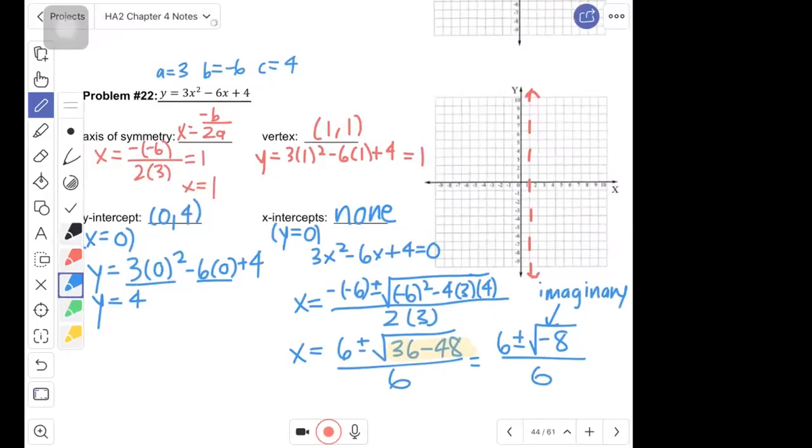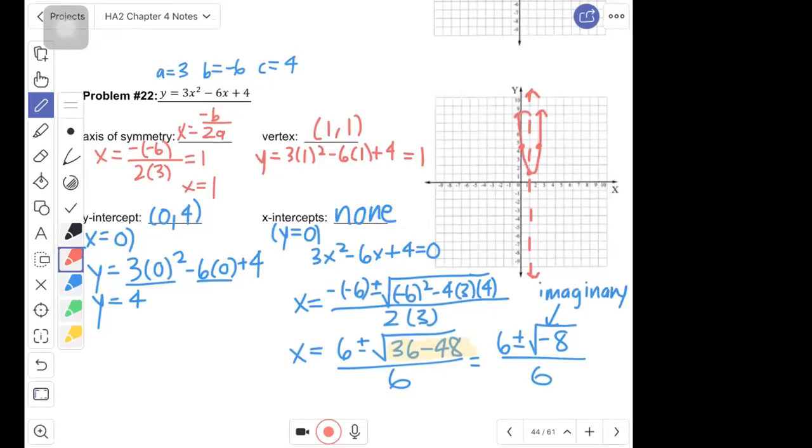Okay, so we have our points, and let's plot them. We have (1, 1) and (0, 4). By using the axis of symmetry, I can plot the point (2, 4), and I can see that my graph goes up.